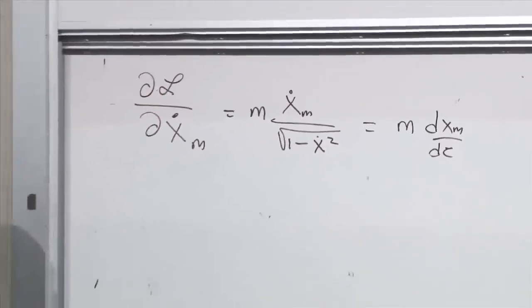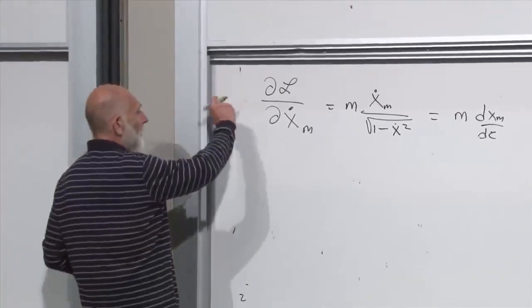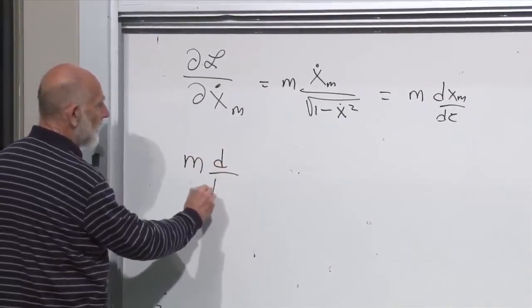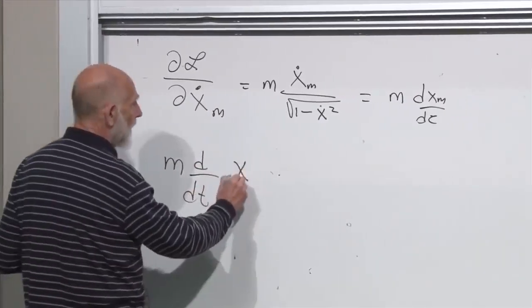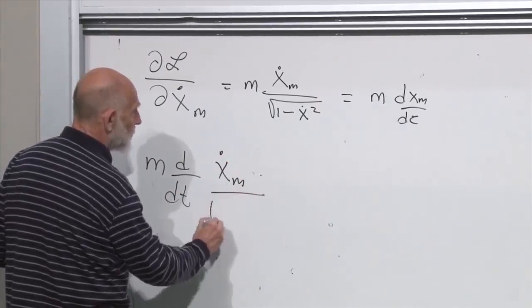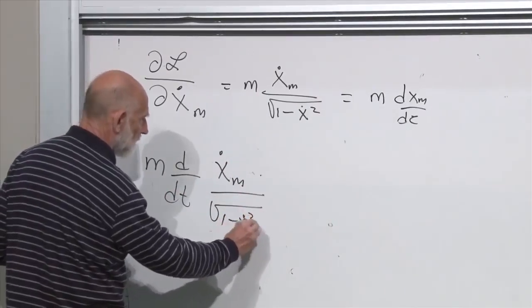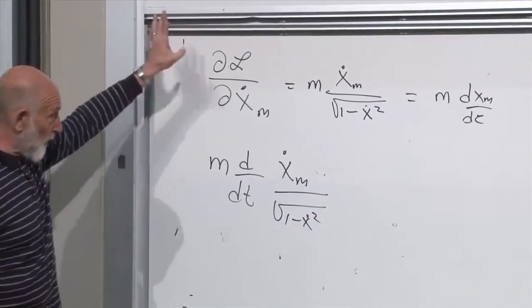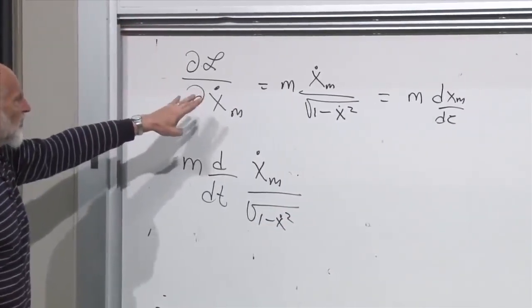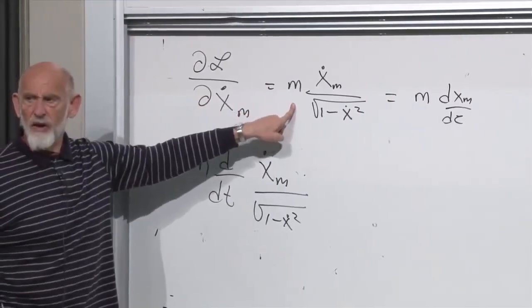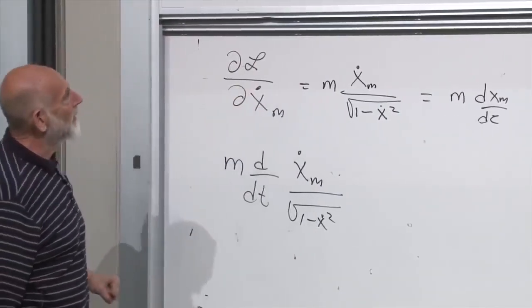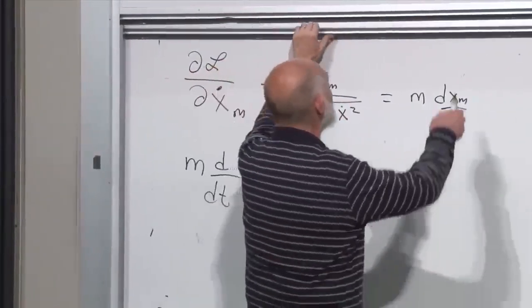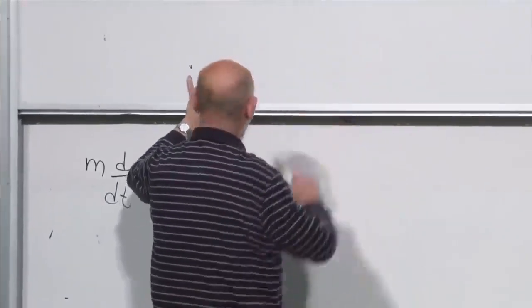And then what do we do with that? We take the derivative with respect to time. So we get m d by d time of x m dot divided by square root of 1 minus x dot squared. That's one term. Oh, sorry, this is not right, is it? No. Why isn't it right? Yeah, there's more stuff there. Let's put it back in.